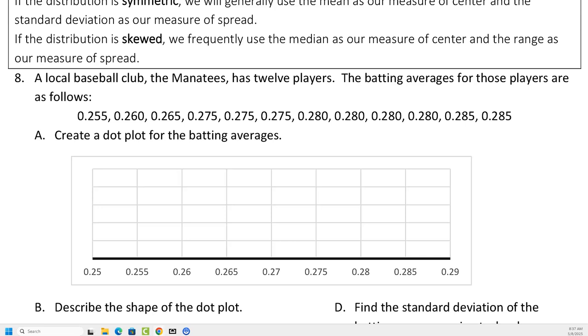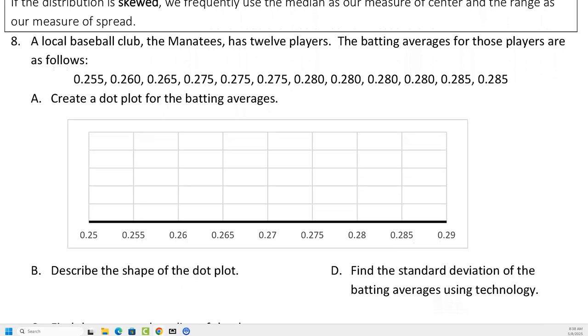So let's come here, and let's put those numbers on. So 0.255, that's going to be here. And then the next one is 0.260. That's here. The next one is 0.265. That's here. And then we're going to skip up to 0.275.